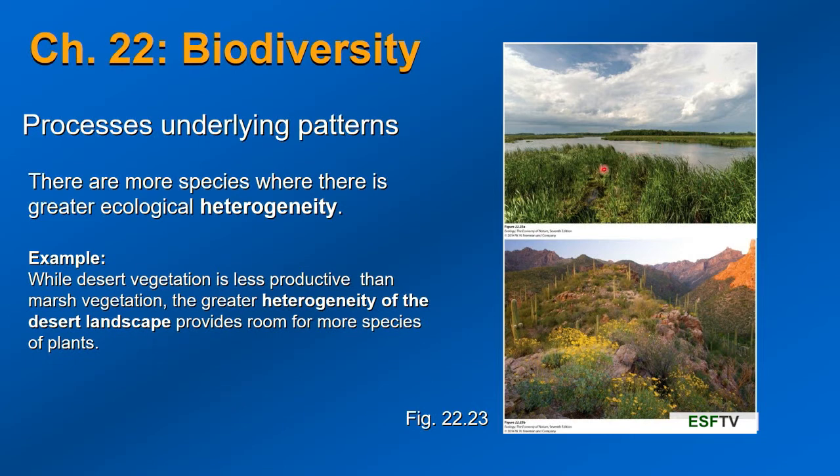There aren't a lot of species there. Why? Because the habitat is pretty boring. It's all super rich, and only a few species are super competitive and can push everything out that tries to get established in that beautifully rich habitat. These guys outcompete them, and it's a low diversity site.